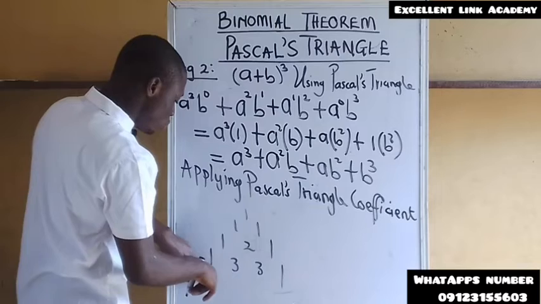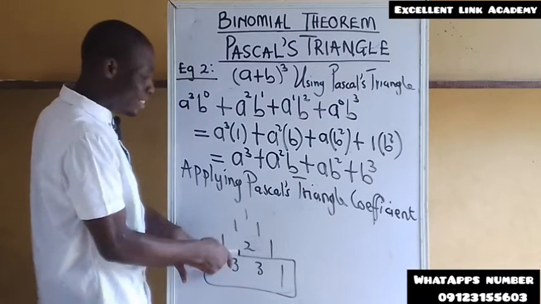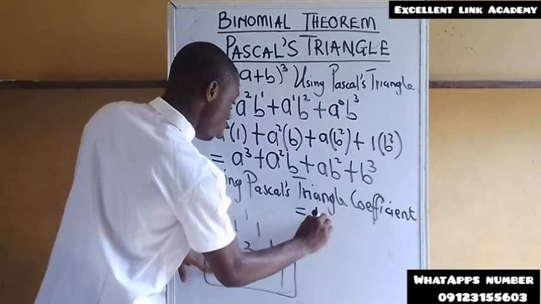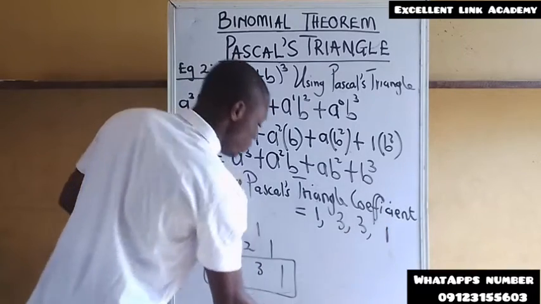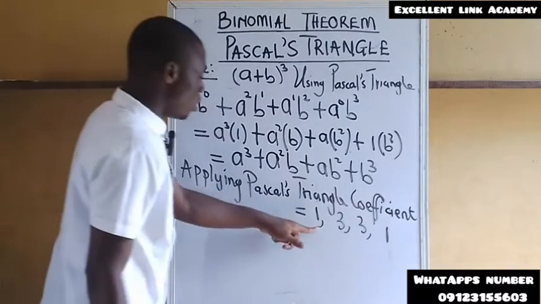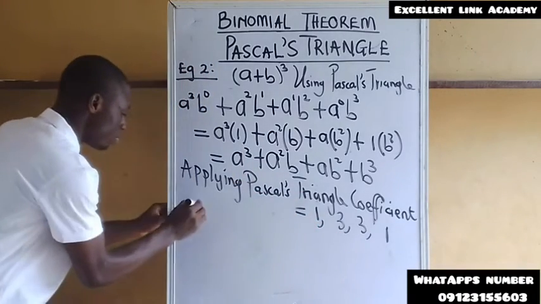The coefficient is what? Is all this. So you must master this. So my coefficient there is what? It's going to be what? 1, 3, 3, 1 is my coefficient. So now I need to compare.